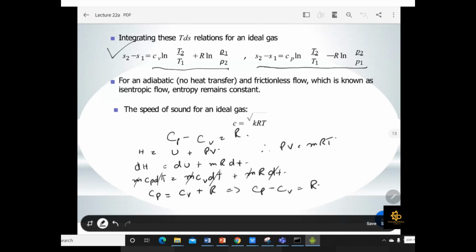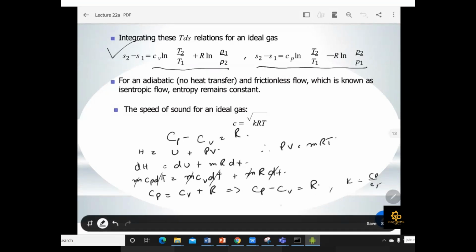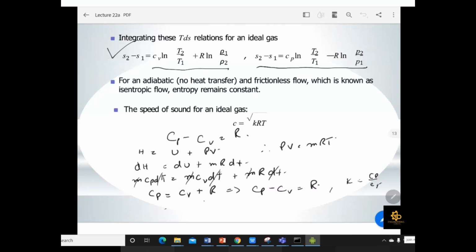Now if you put the value of K is equal to Cp over Cv in this equation, for example I put the value of Cp, what does this equation become?